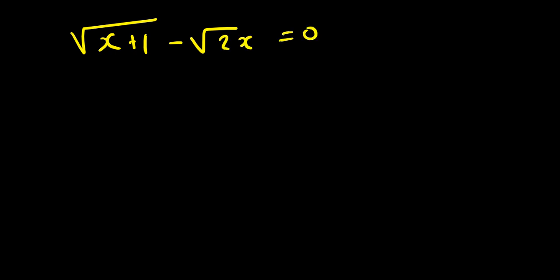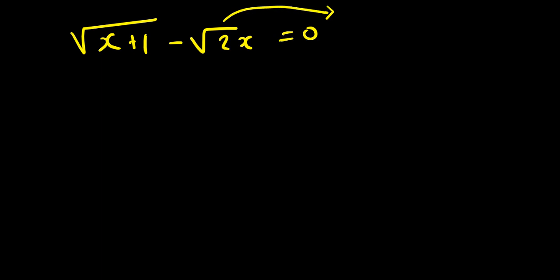What if you have a question like the square root of x plus 1 minus the square root of 2x equals 0? So what are you going to do? Likewise, but for this one, first you have to at least move one of the square roots to the other side.